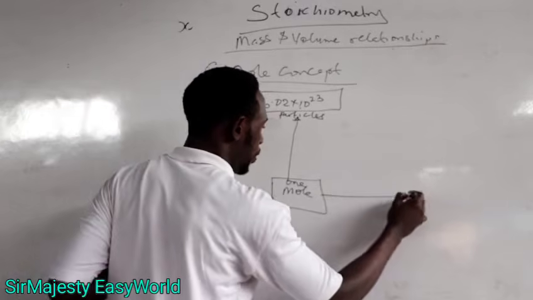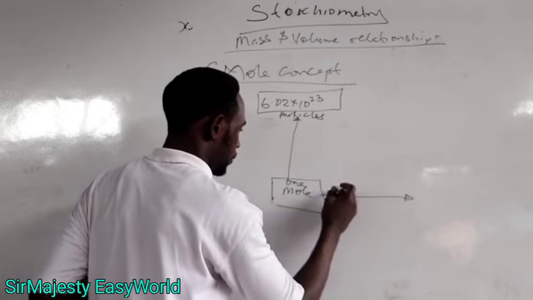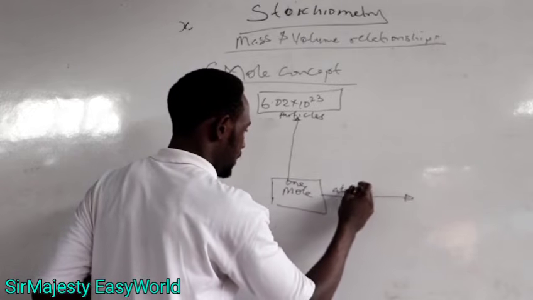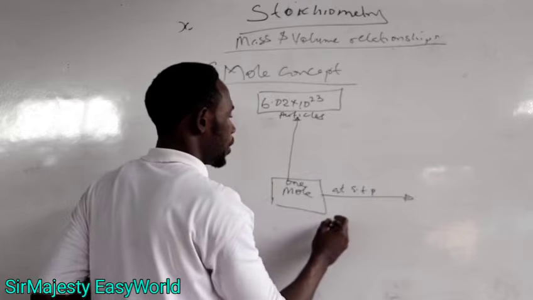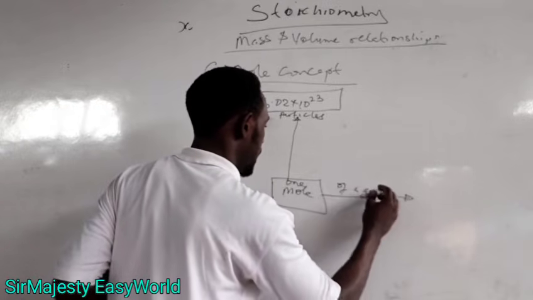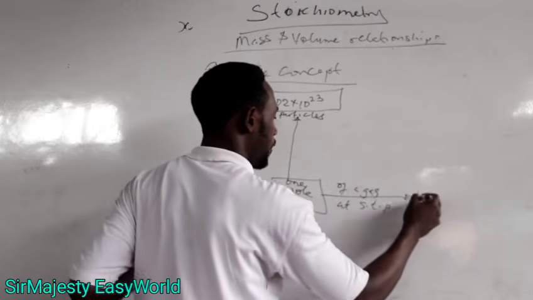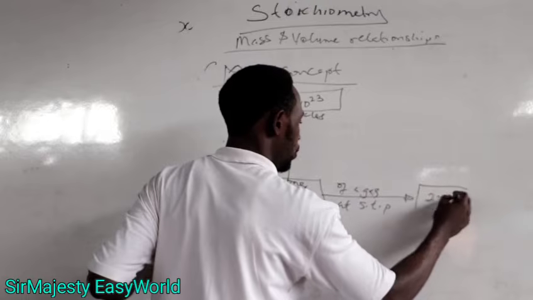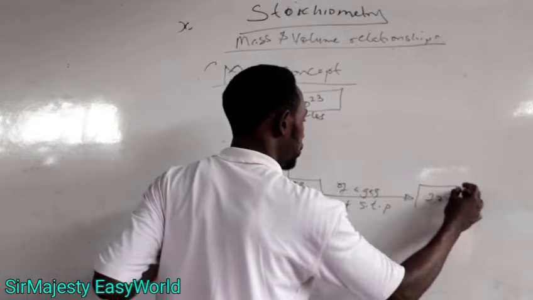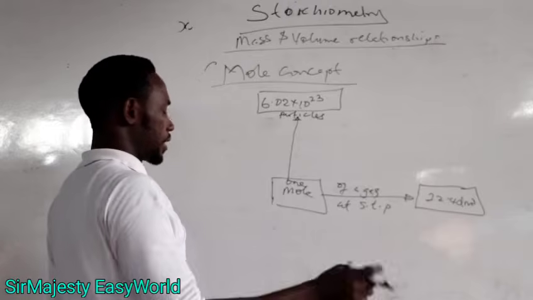Then the same 1 mole for gases now. 1 mole of gas at STP will occupy what? 1 mole of a gas at standard temperature and pressure will have a volume of 22.4 dm cube. Please, 22.4 dm cube means 22.4 liters.